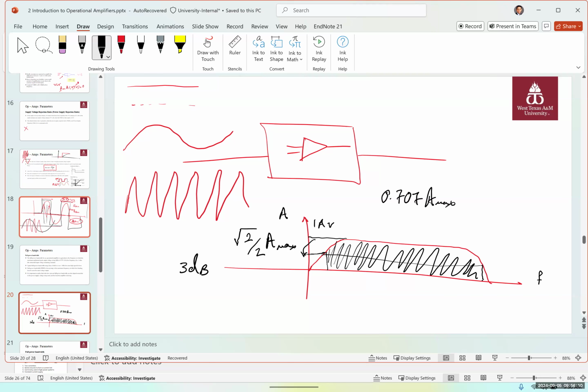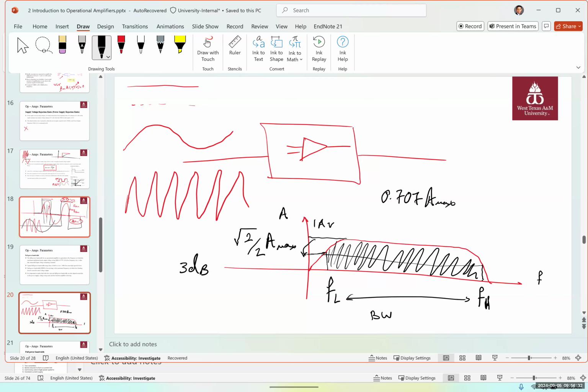You have a limit, upper limit, and the lower limit. This is called the FL, or the lower frequency, and FH, or the higher frequency. And this is the frequency response, or we call it the bandwidth. The bandwidth is the frequency which the system works in.